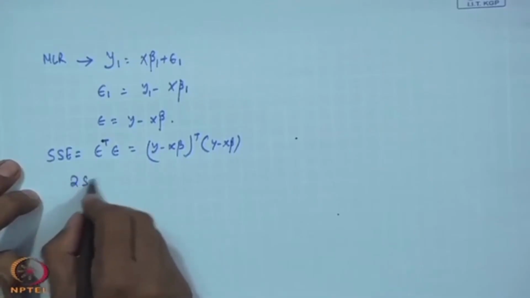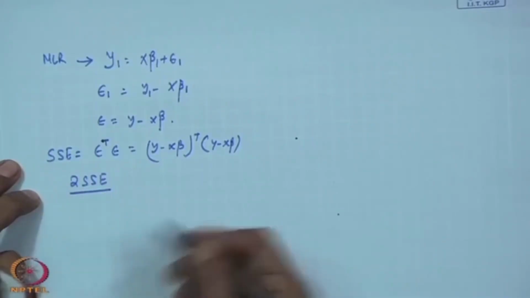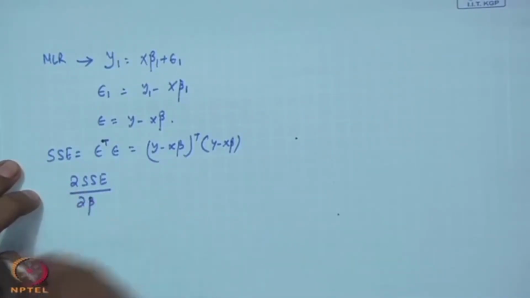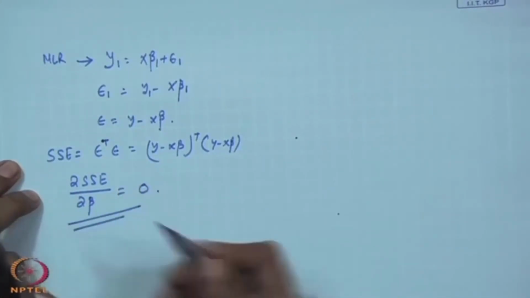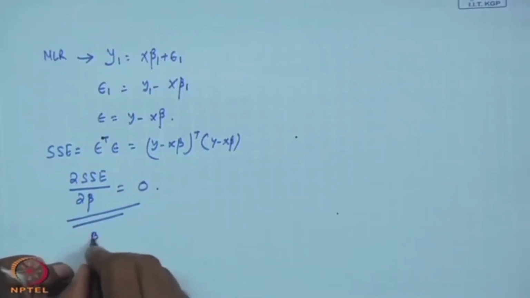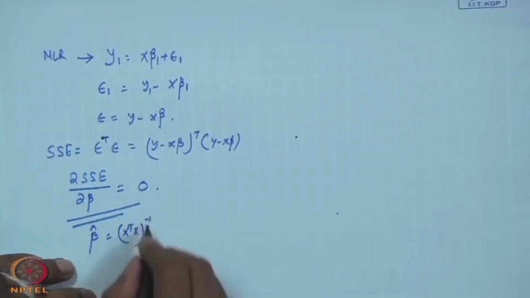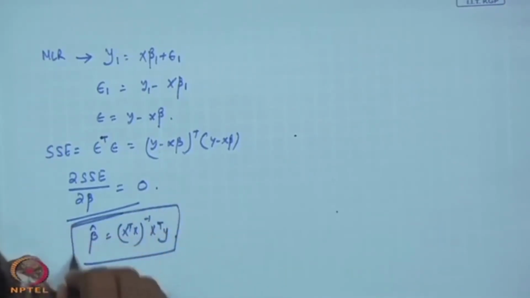Then you find the derivative of SSE with respect to beta and put it to 0, and finally you get the equation beta cap is x transpose x inverse x transpose y. This was the estimation procedure there.